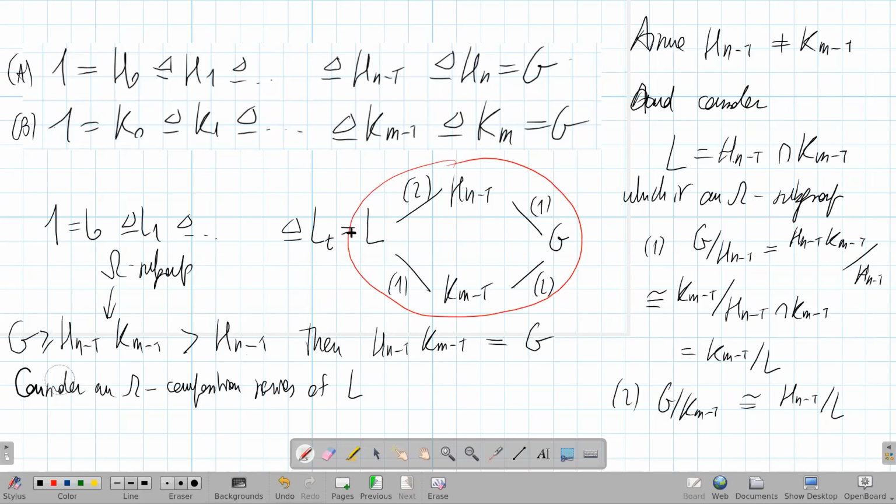And here there is an important point, because L is a finite omega group, so it has an omega composition series.